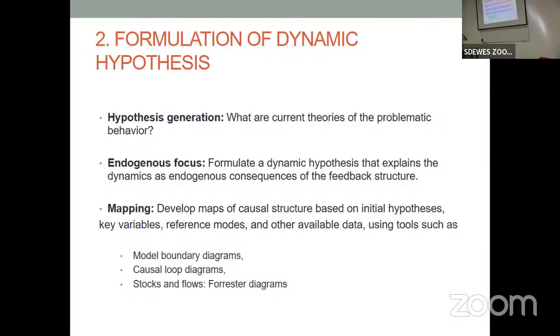The third point is the mapping. Mapping means just to put together all the variables we consider. We can check now with an example or later on a computer and try to see what the relation is between all the variables that we have. These kinds of relations we will try to establish through what we call causal loop diagrams, boundary diagrams, or stock and flows or Forrester diagrams.